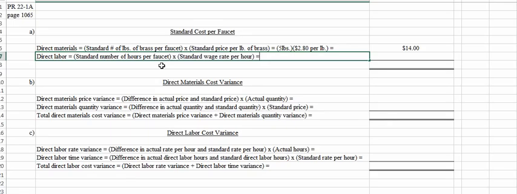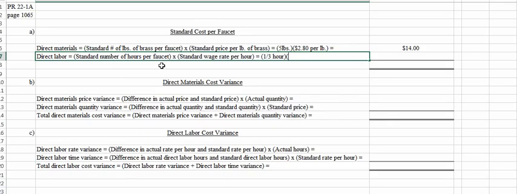So that's 1/3 of an hour. Okay, so it's going to be 1 divided by 3, or 1/3 of an hour, times our standard wage rate per hour.